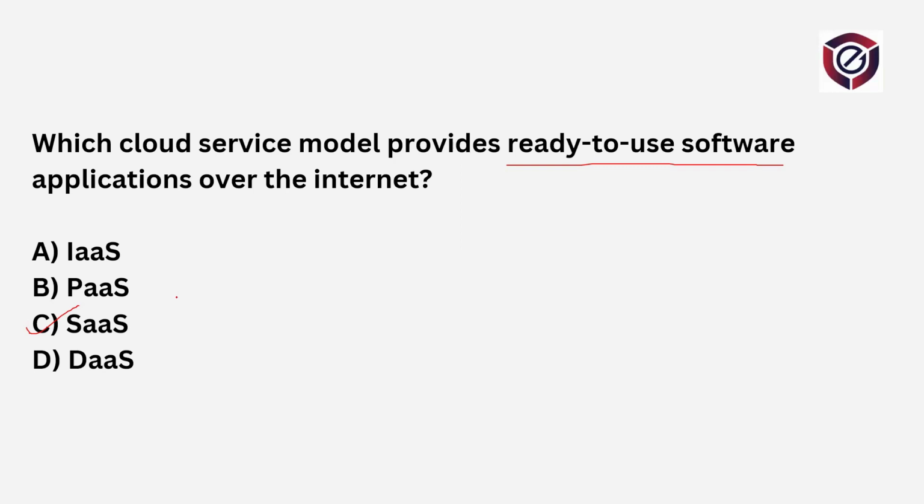These kinds of resources are ready to use. We just need to log into their site and we can do document editing or create a PowerPoint presentation. Such things can be done with ease. So these are ready-to-use software, and this comes under the category of software as a service, that is SaaS.